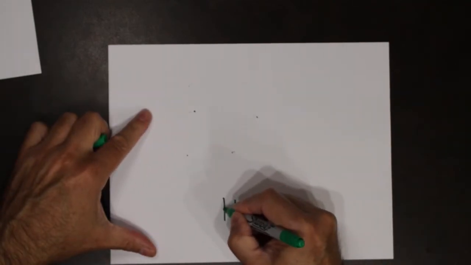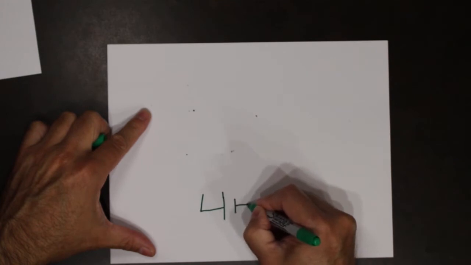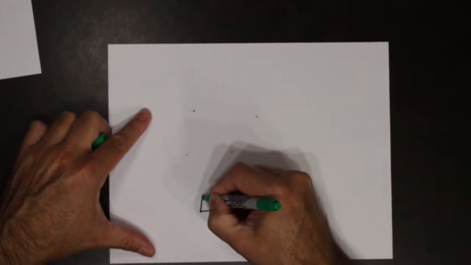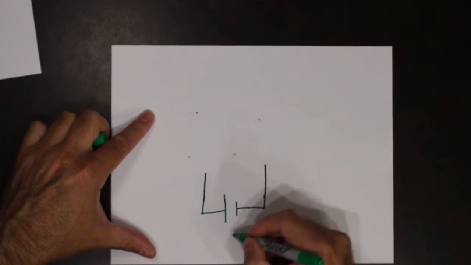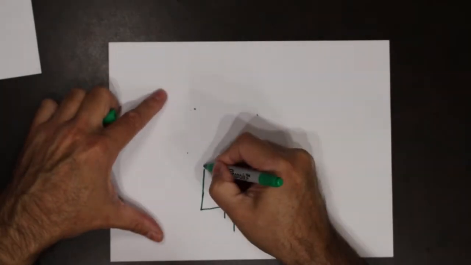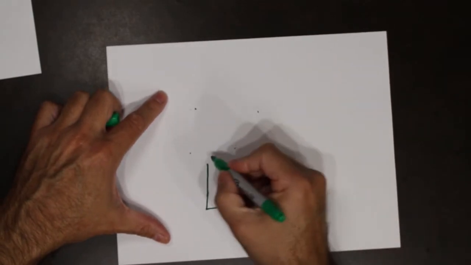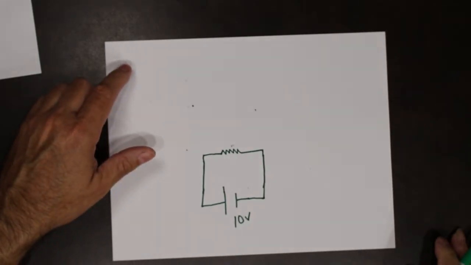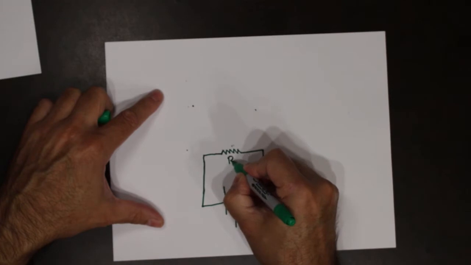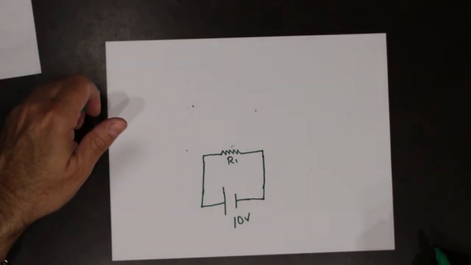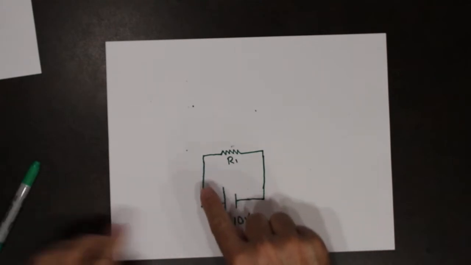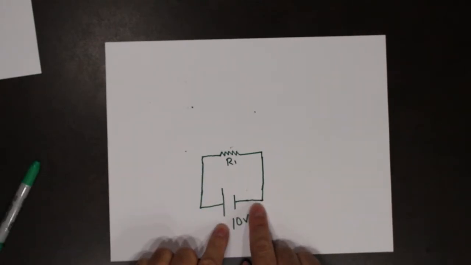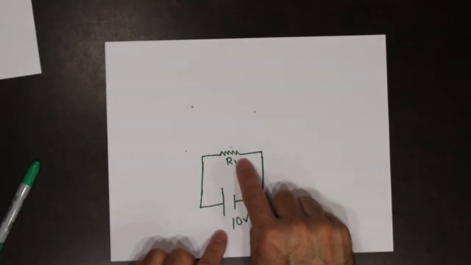Well, if I have a power supply and I have one resistor connected to that power supply, this circuit has a certain total resistance.